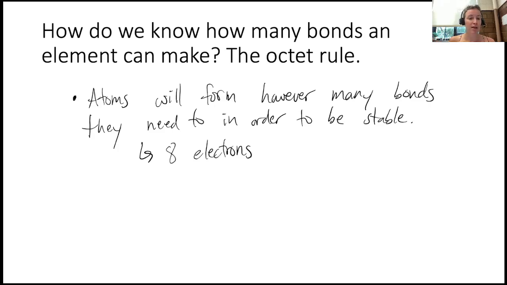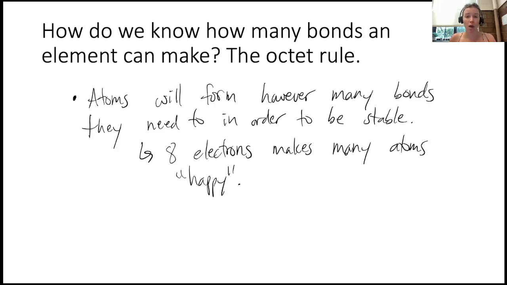But we'll just understand that 8 electrons kind of makes many atoms happy and stable. And so an atom will form however many bonds it needs to have and or share 8 electrons total.